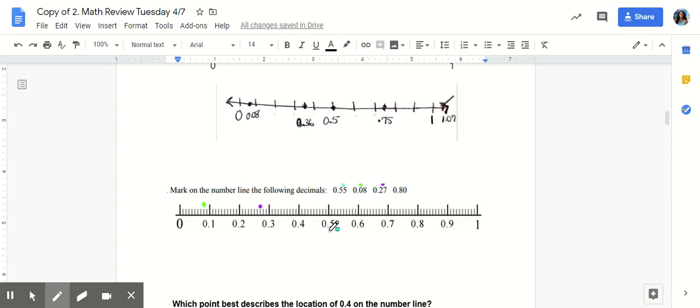Again, I'm going to start at 5/10 and then count my hash marks. 1, 2, 3, 4, 5. Great. Last but not least, 8/10.